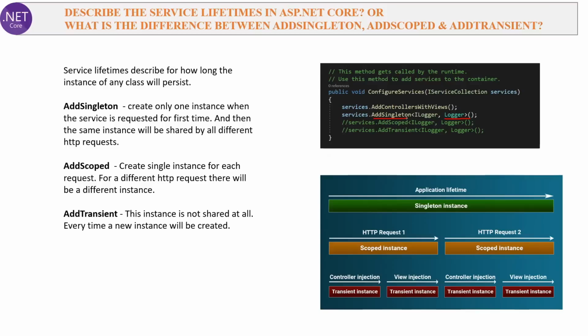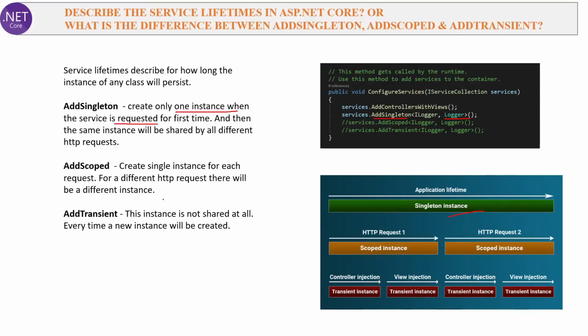In the AddSingleton method, it will create only one instance, and this instance will be shared by all the requests in the application, not creating the same class instance for different requests. So here in the diagram you can see that a single instance is used by all the other requests.